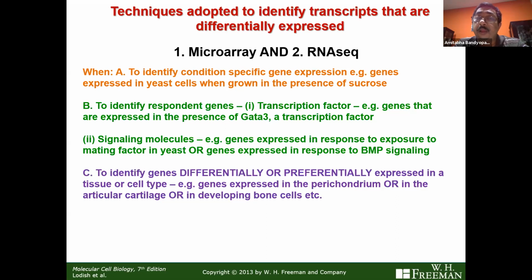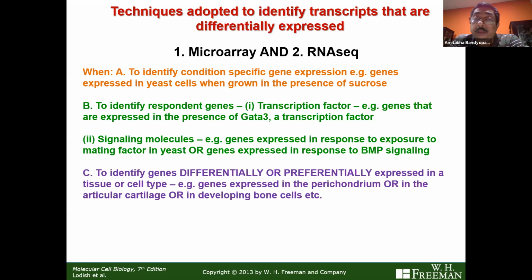See, there are these proteins called transcription factors, which are expressed in specific tissues at specific times. If you want to know which are the genes whose expression is dependent on the presence of a specific transcription factor, how do you go about it?